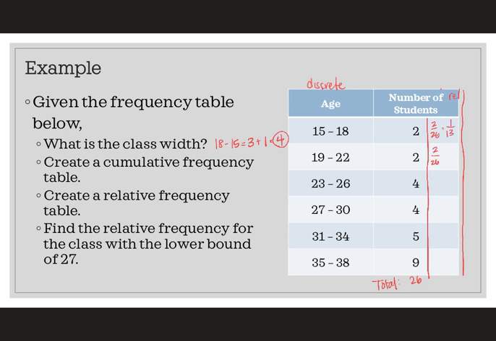So 2 in 26, which is 1 in 13, 4 out of 26, which is 2 out of 13, 4, which is another 2 out of 13, 5 out of 26, which doesn't simplify, and 9 out of 26.